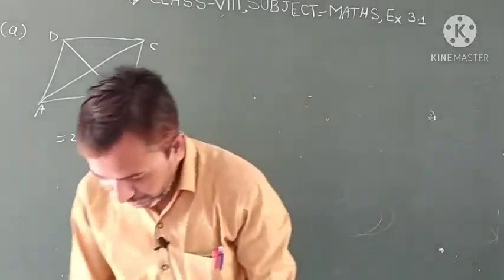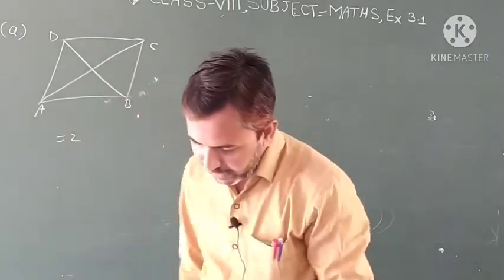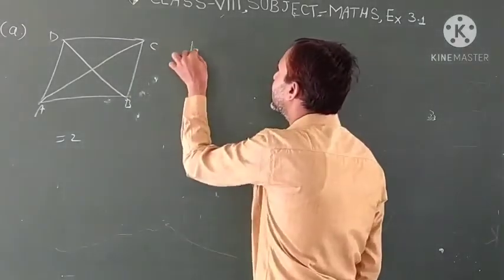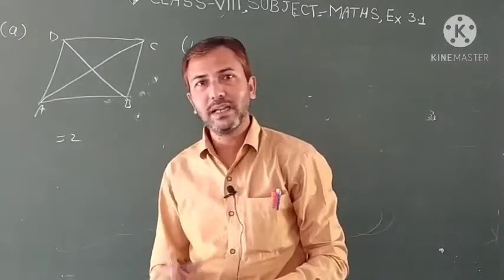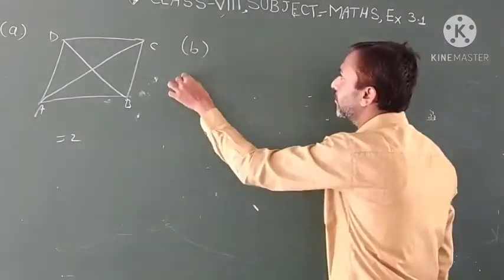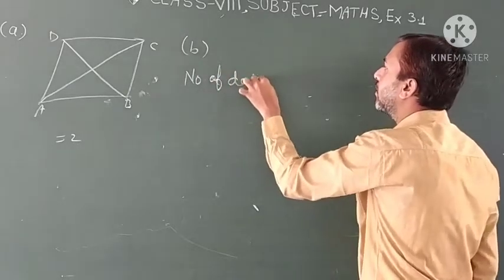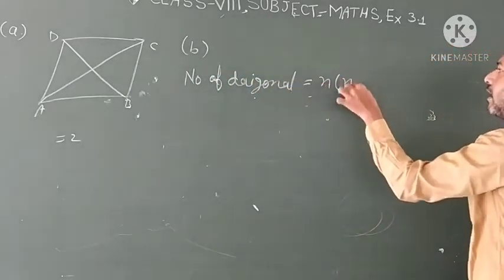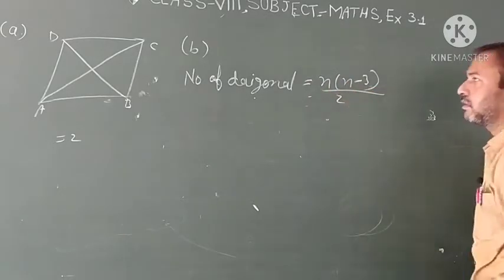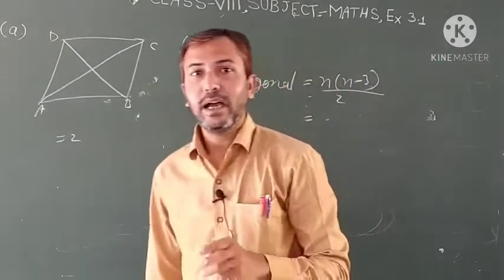Now next is the B part, a regular hexagon. There is a formula also to find out the diagonals. Number of diagonals is equal to n(n minus 3) upon 2. So what is the value of n in the hexagon?